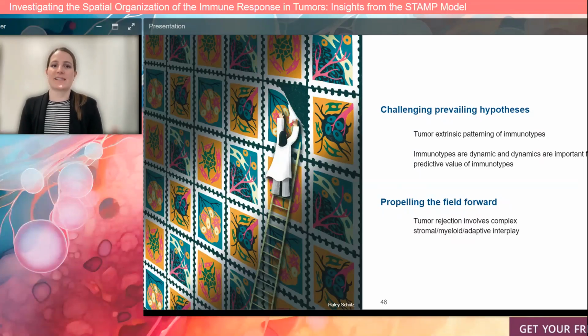And then second was the cellular circuit we defined to explain how the inflamed immunotype is programmed through this quite complex communication between fibroblasts, myeloid cells, and eventually T cells. And this mechanism really underscores that the interaction between a tumor cell and a T cell is not occurring in a vacuum. There's actually an intricate network of interactions between many different cell types that are influencing whether that primary interaction will in fact result in tumor rejection.